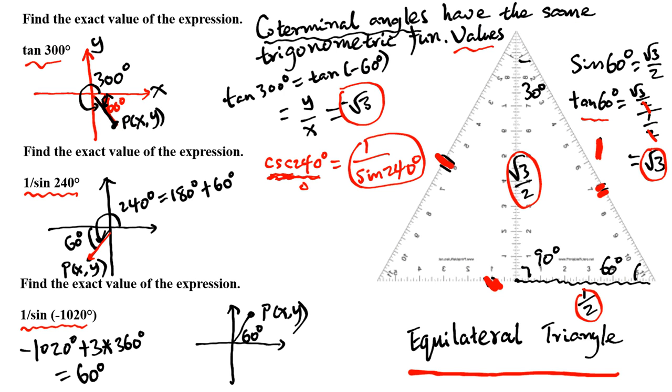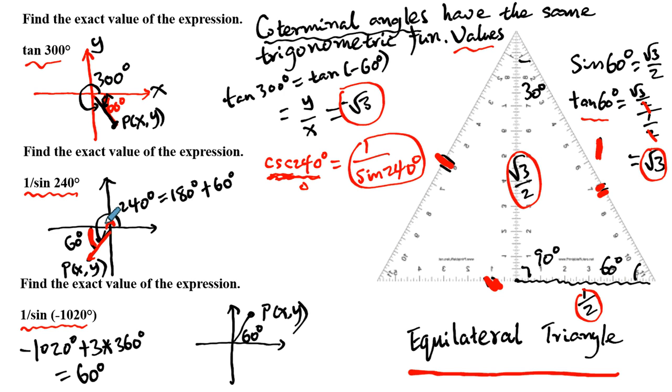Here, 240 is 180 plus 60. So this angle is 60 degrees, and this angle is the straight angle 180.